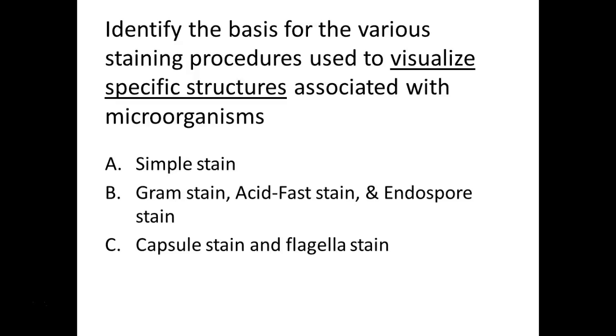Gram stain, acid fast, and endospore, these are all specialized stains commonly grouped into a definition known as differential stains, where different organisms are going to stain differently. The capsule and flagella stains, as the name implies, are specific for those structures. Right? So those stains we do specifically to see and be able to better visualize a capsule or a flagella if they're present.